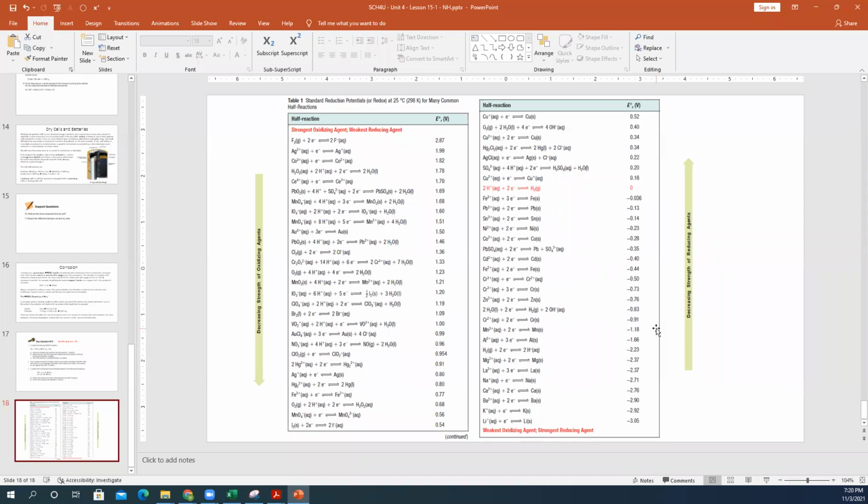Just remember that all of these are written as half reactions, and by convention, they are written as reduction reactions. You can see that all of them are written as reduction reactions. And sometimes when you're using this for your questions, or for drawing out galvanic cells, you might have to flip some of these reactions around.